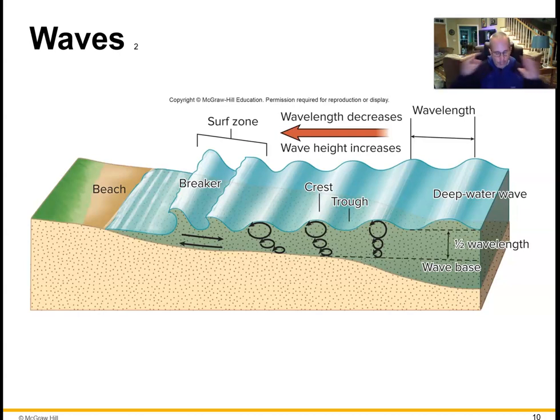Even though waves are consistent, think of a wave as 100 meters long. One end of the wave is going to refract and get to the beach before the other end of the wave does. It's going to go in kind of a linear motion. And when that happens, the waves start to break on each other. So that's why you see waves crashing over, and they call them breakers or breaking waves.